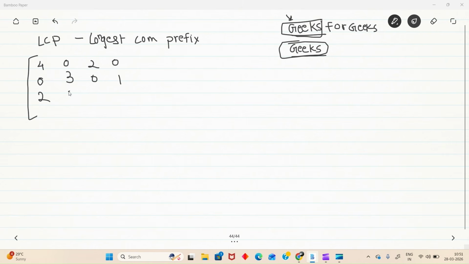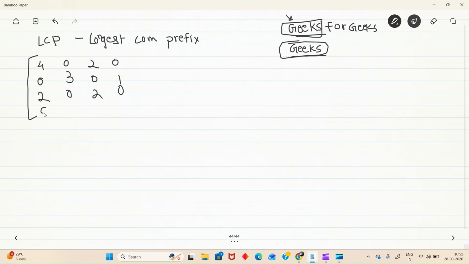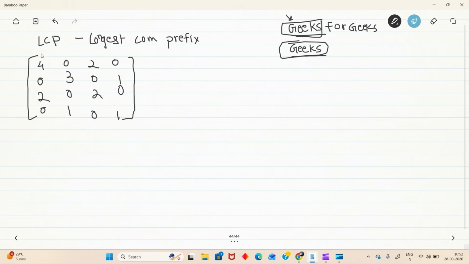What does this mean? First let's understand the indexes, the position of each cell. It is 0,0, 0,1, 0,2, 0,3. Again here it is 1,0, 2,0, 3,0.